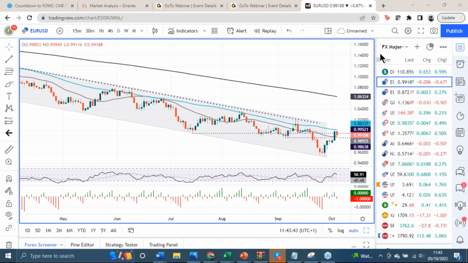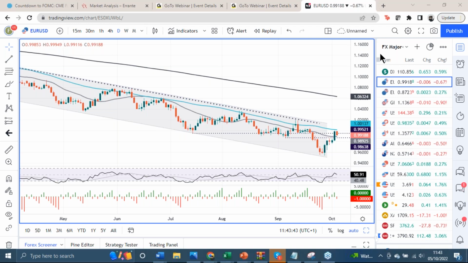Euro dollar then, you can see we're back around parity, a key psychological level, and then the mid-July low at 99.52. Key levels here: the 21-day moving average just above parity as well, and the long-term descending bear channel again highlighted there. Also that long-term trend line resistance, which I should probably extend now, comes in around parity, and the top of the bear channel around parity as well.